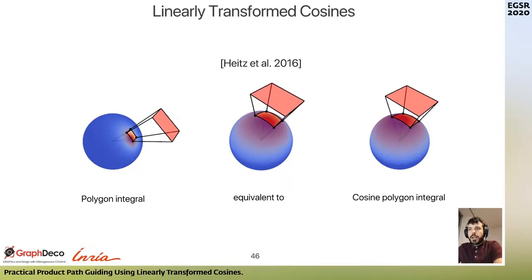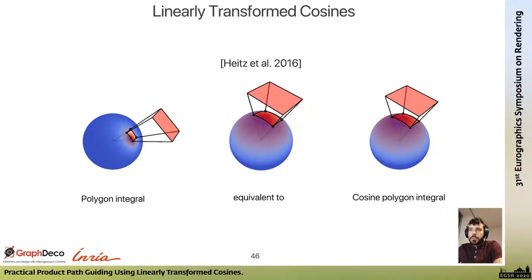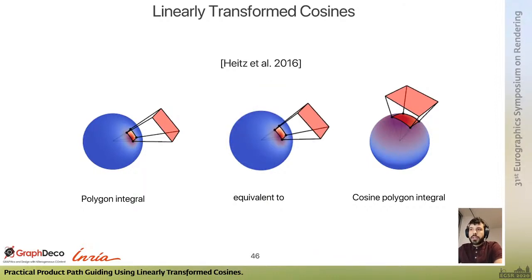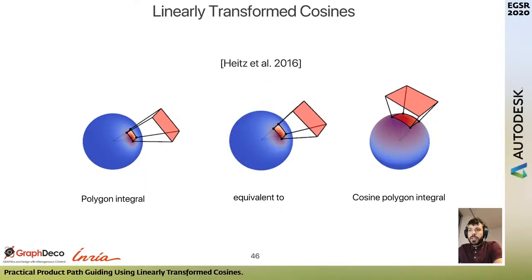This method allows for analytic integration of complex BSDF by using a pre-computed linear transformation that takes the spherical polygon to a cosine distribution where analytic solutions exist. This method is used in real-time shading, and our intuition was that it would be a great fit for our needs.